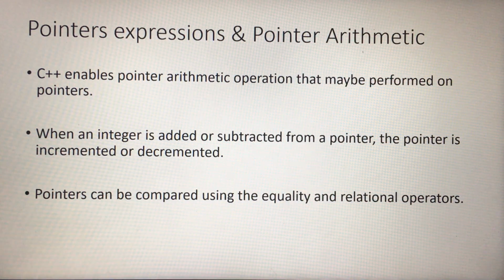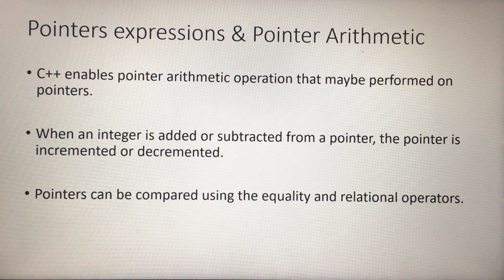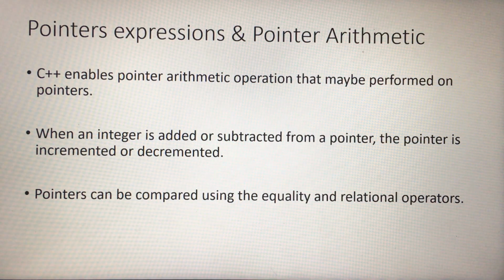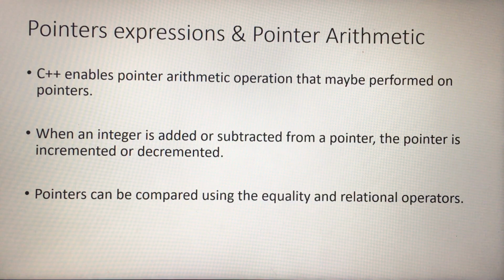When an integer is added to or subtracted from a pointer, the pointer is incremented or decremented. And pointers can be compared using the equality and relational operators, which we mentioned in the earlier chapters. So that is pointer expressions and pointer arithmetic.